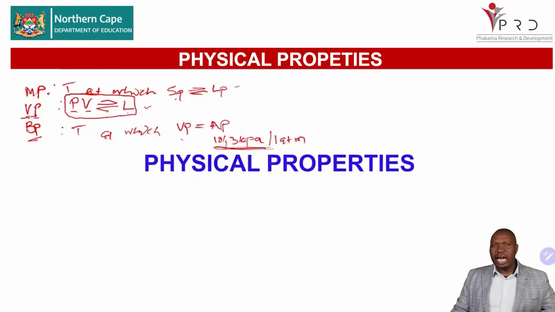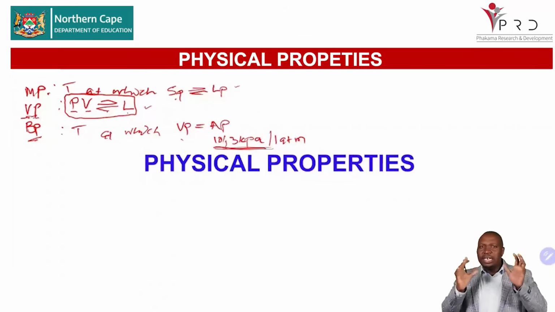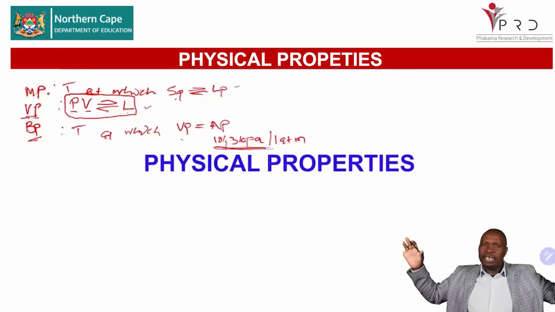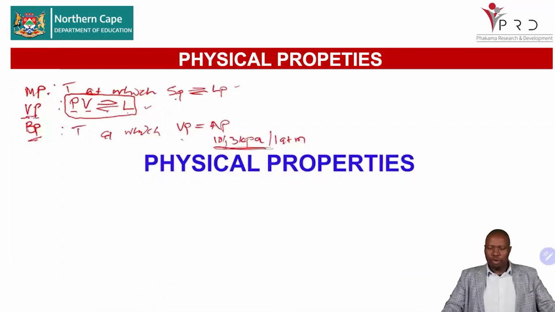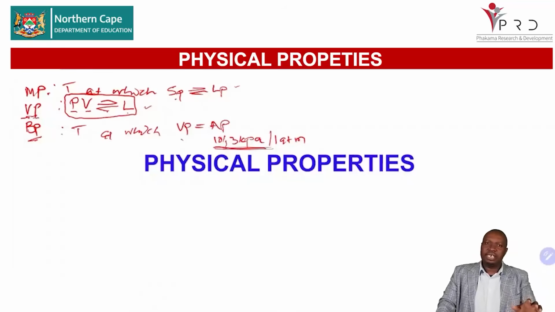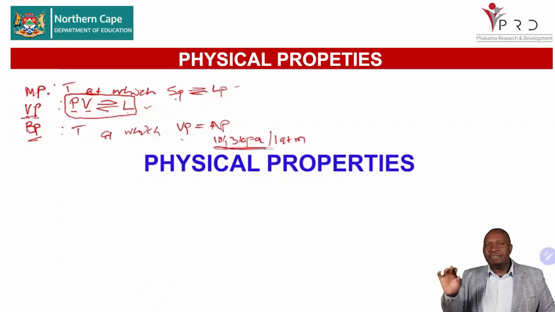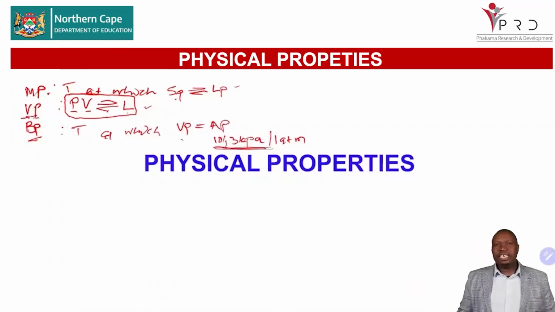And then for this lesson, I want to minimize the number of independent variables that we are going to have as factors affecting the three physical properties. We have three physical properties, and there are factors that affect them. The factor I want to focus on for this lesson is your intermolecular forces.